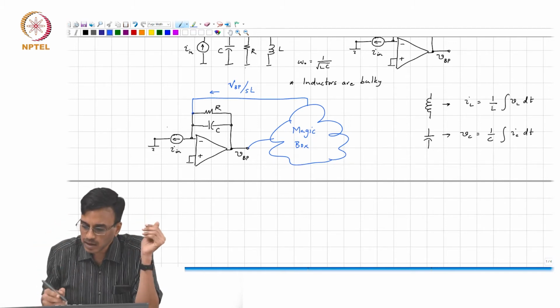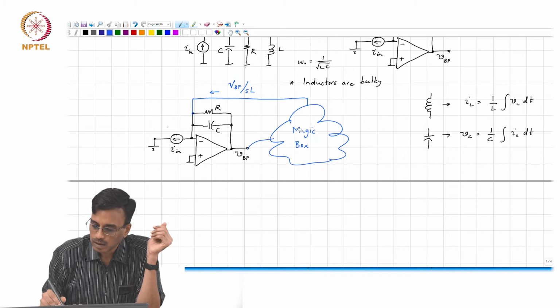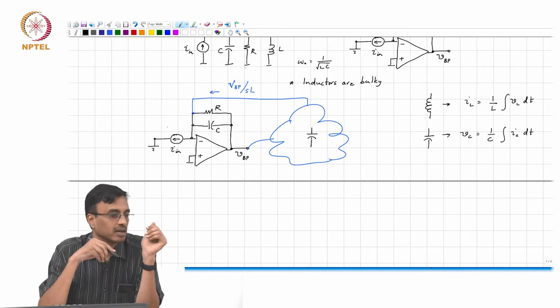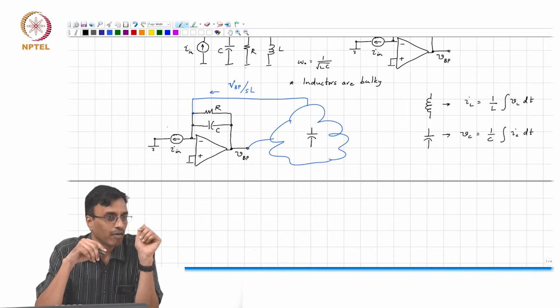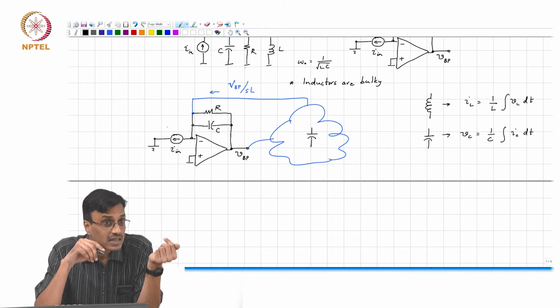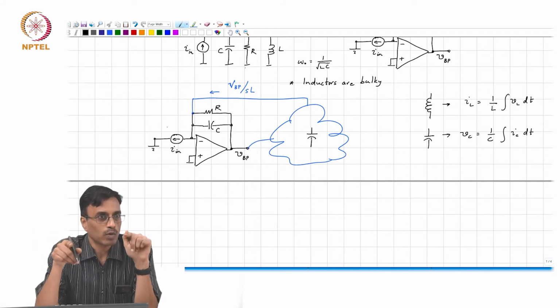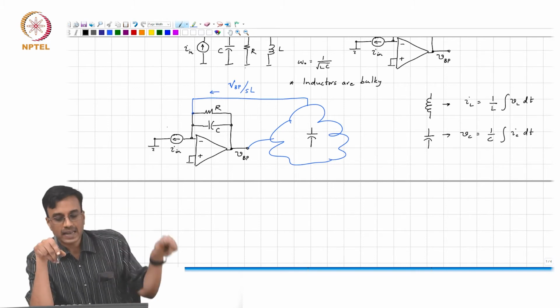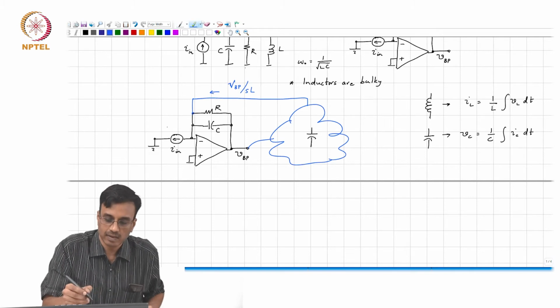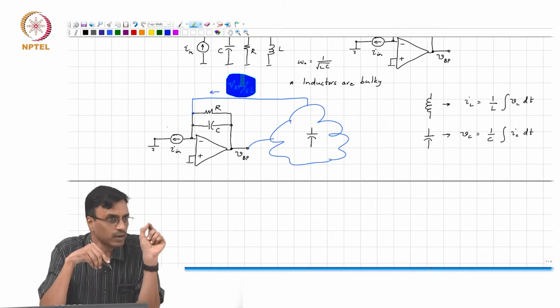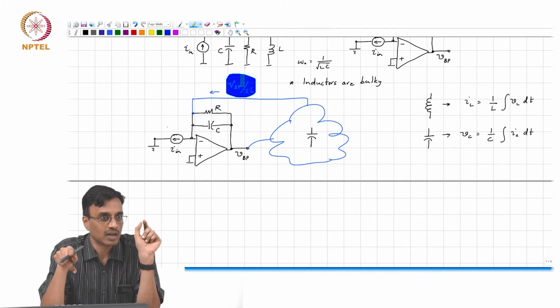But unfortunately, this capacitor is a great integrator. However, it integrates current and generates a voltage. But what do we want? Remember that this quantity here is a current which is an integral of the voltage.